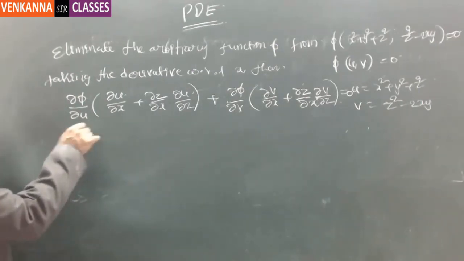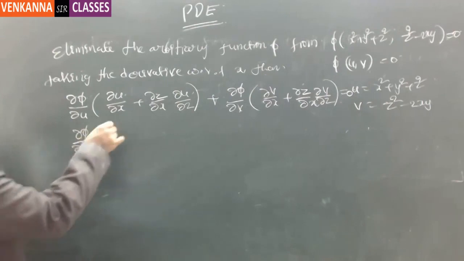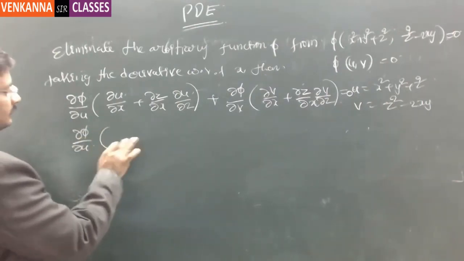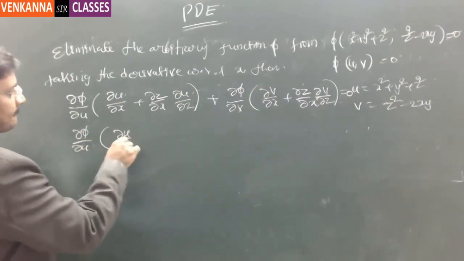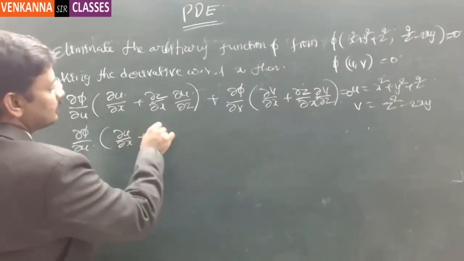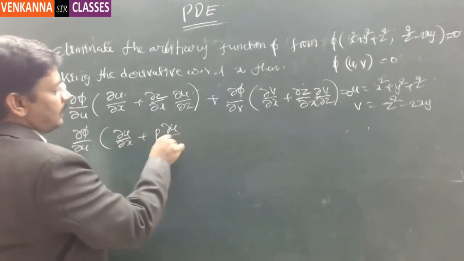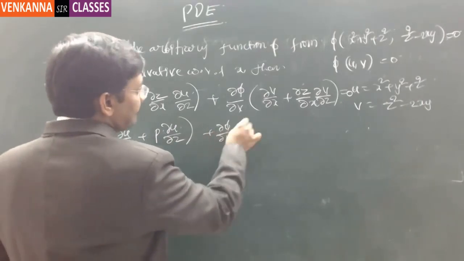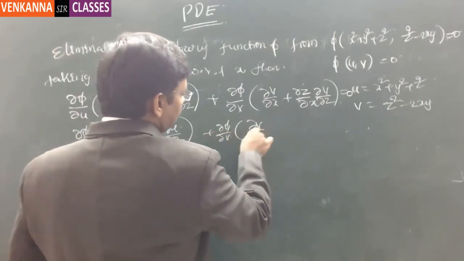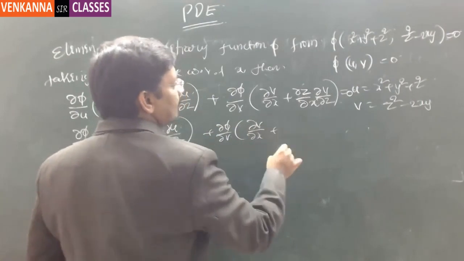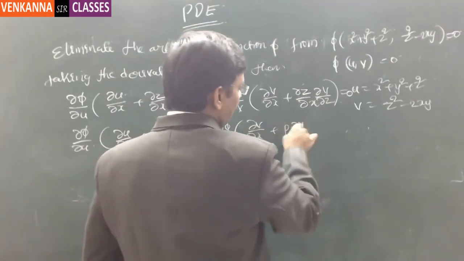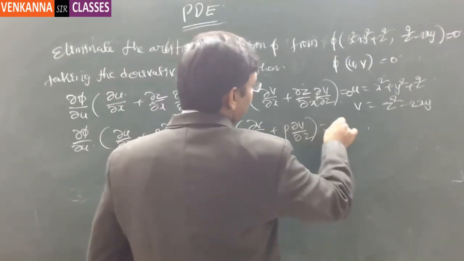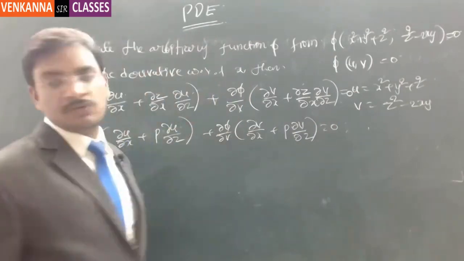So this you can further simplify as dou phi by dou u into dou u by dou x plus dou z by dou x is p and dou u by dou z, plus dou phi by dou v into dou v by dou x plus p times dou v by dou z is equal to 0. So this is equation number 1.